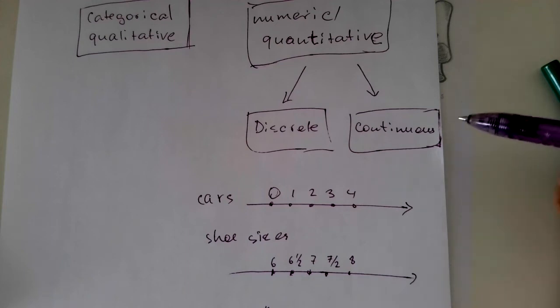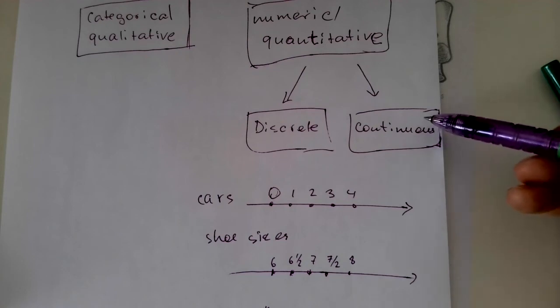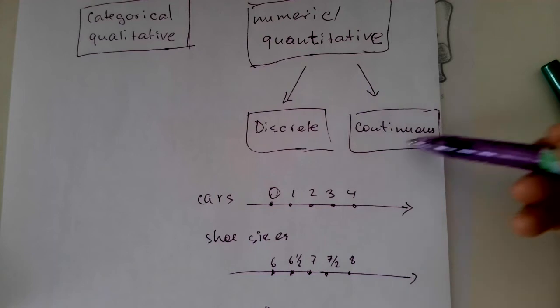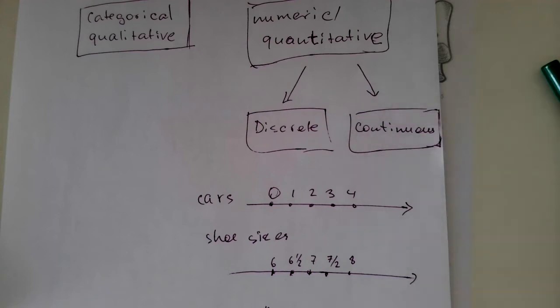So that's why we're going to say that the amount of milk that one cow gives belongs to a continuous data set. Even if it's a whole number like 5 gallons on the dot, it potentially could have decimals in it, so that would be a continuous data set.